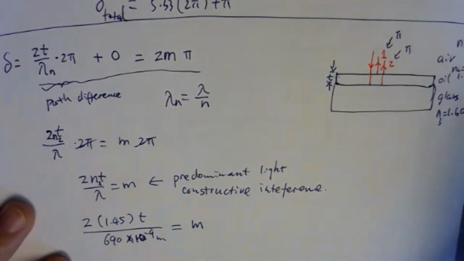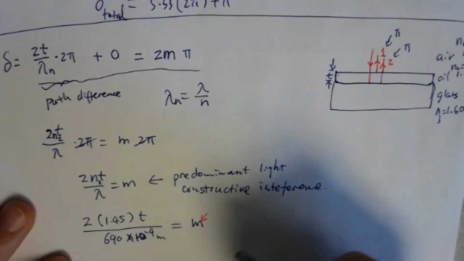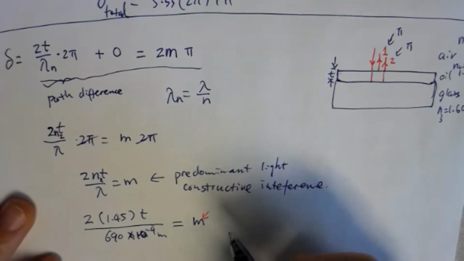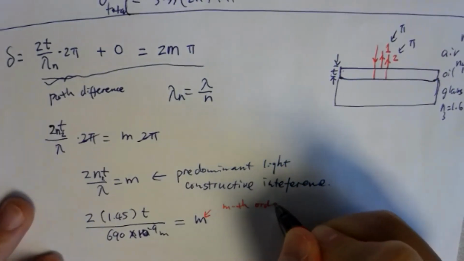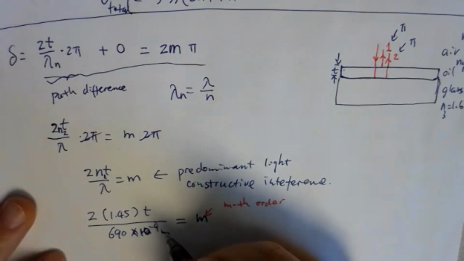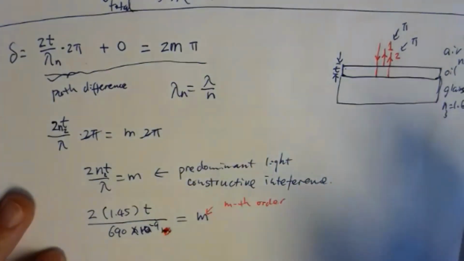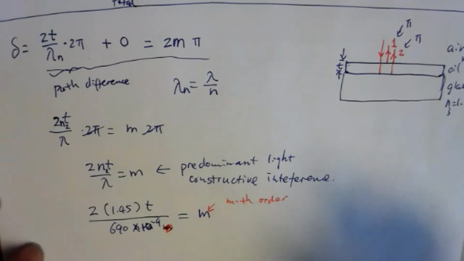This m is the order of the interference. Let's leave out the units right now because it could be confusing.